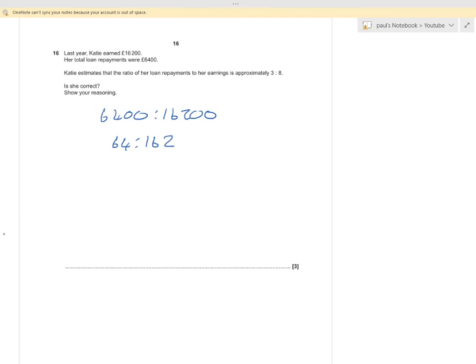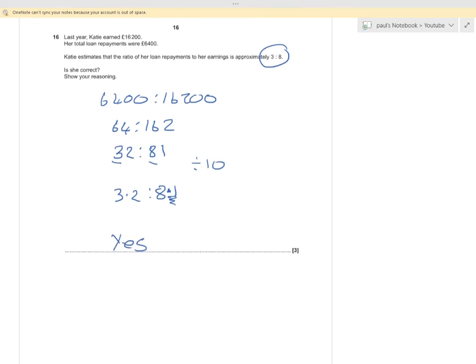So let's half that, keep going, to 81. Now, approximately 3 to 8. Look, there's a 3 and there's an 8. So if I divide that by 10, I get 3.2 to 8.1. Yeah, forget that little bit. 3.2, so that's about 3 to 8. Awkward.